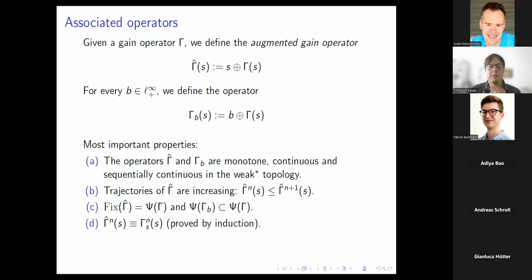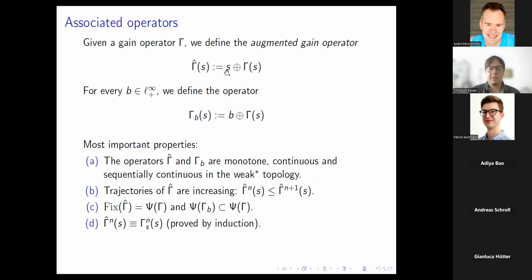So why am I introducing these operators? What are their properties? Well, first, these are properties which are the same as for gamma. They share these properties. They are both monotone operators, they are continuous, and they are sequentially continuous in the weak star topology. So this is easy to show. Then a property of this augmented gain operator: the trajectories of this operator are increasing.